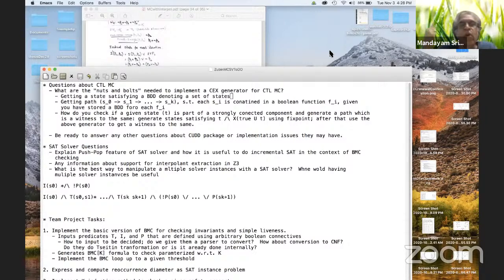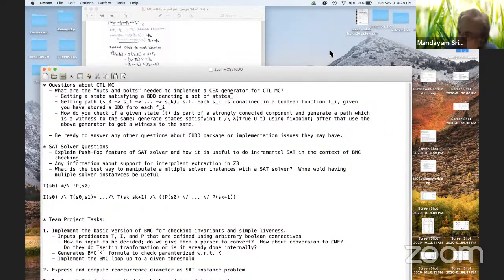If you luck out, if it already intersects, you take the intersection of I and not P, and get a state from it. That is a counterexample. Is it clear? Or are you still in doubt?